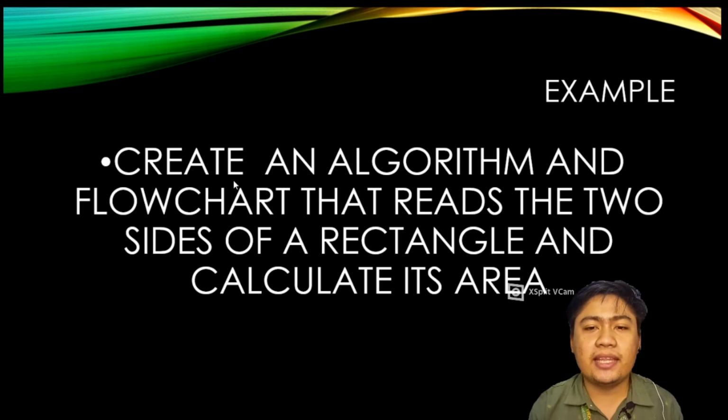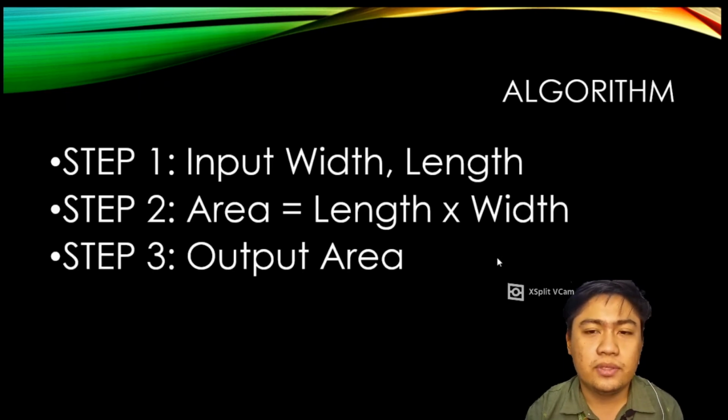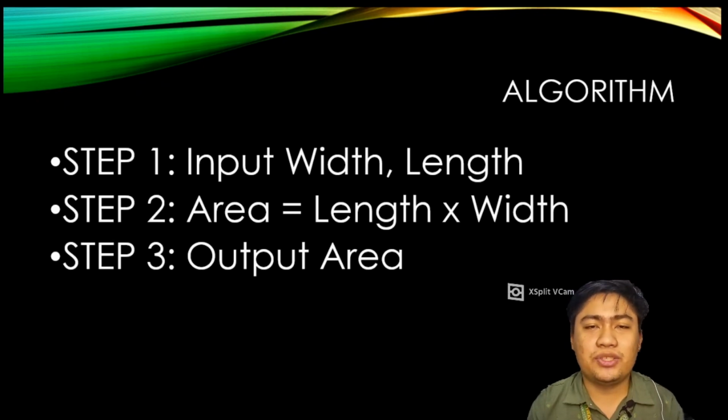So let's have an example. We will create an algorithm and flowchart that reads the two sides of a rectangle and calculates its area. Of course, we have the following steps. Step 1, we have to input its width and length. Step 2, for the process, we get the formula: area equals length times width. In step 3, we will output its area.